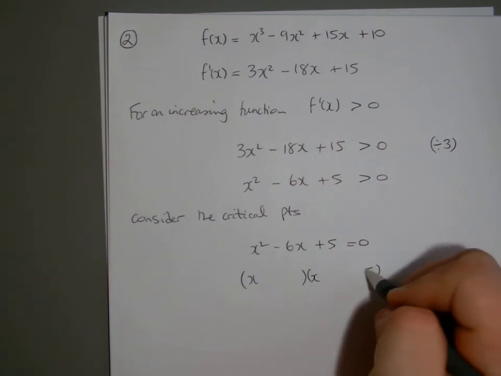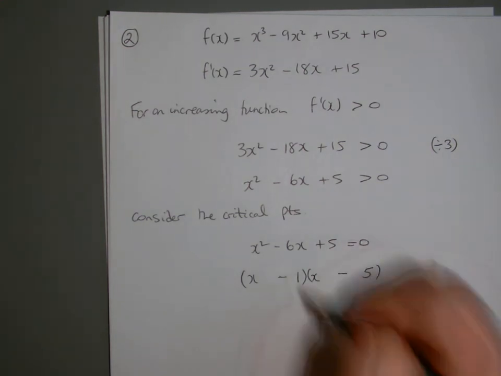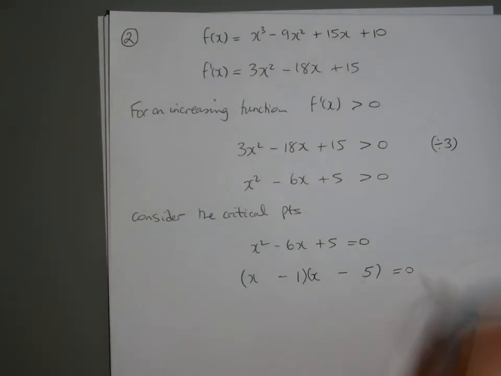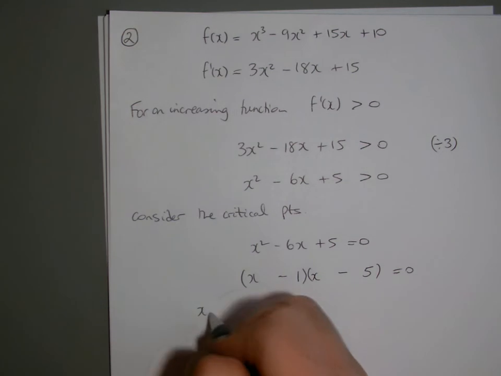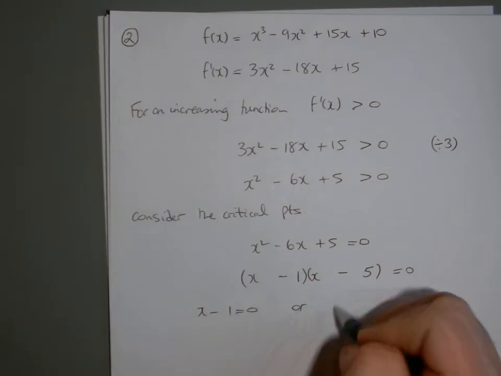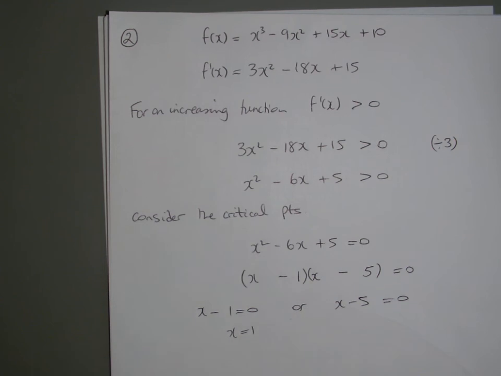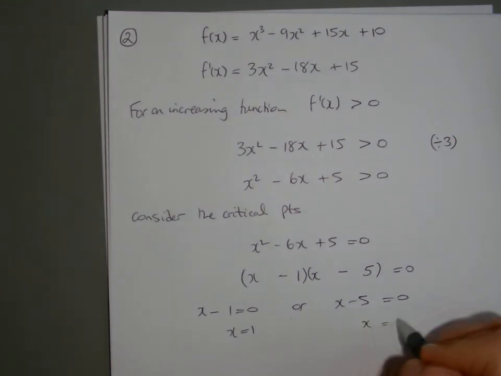The only two numbers that multiply to give 5 are 1 and 5, and to get them to add up to give minus 6, they need to be both minus, and when you multiply them, that will multiply to give plus 5, won't it? So we've got that equal to 0. When you've got two brackets multiplied together equal to 0, either the first bracket is 0 or the second bracket is 0. So x minus 1 will be 0, which means x is 1, or x minus 5 is 0, which means x equals 5. Those are my critical points.